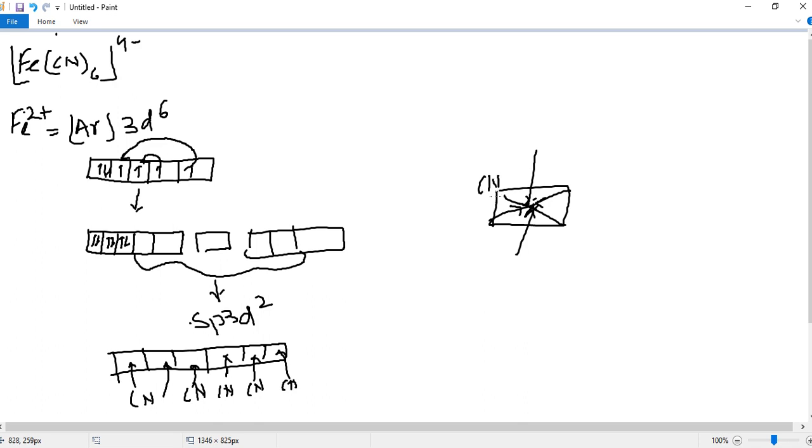Cyanide, cyanide, cyanide, cyanide, cyanide and cyanide and the iron in the center. So geometry will be octahedral.